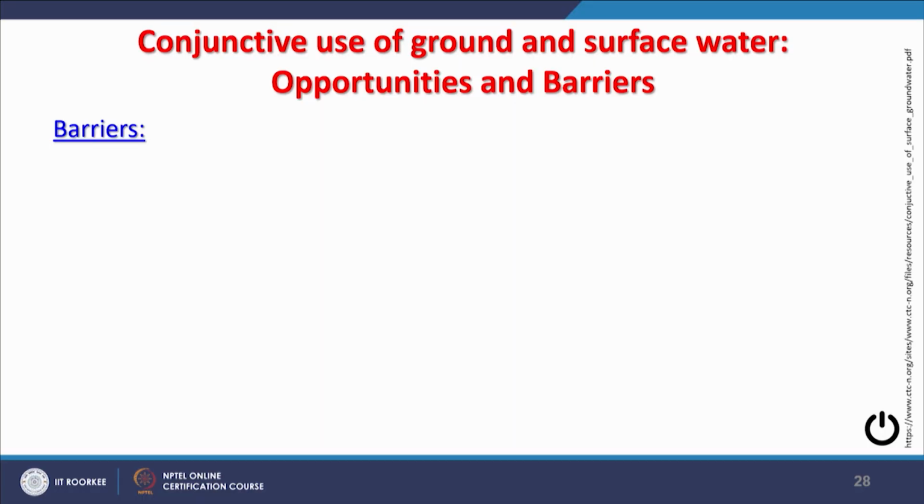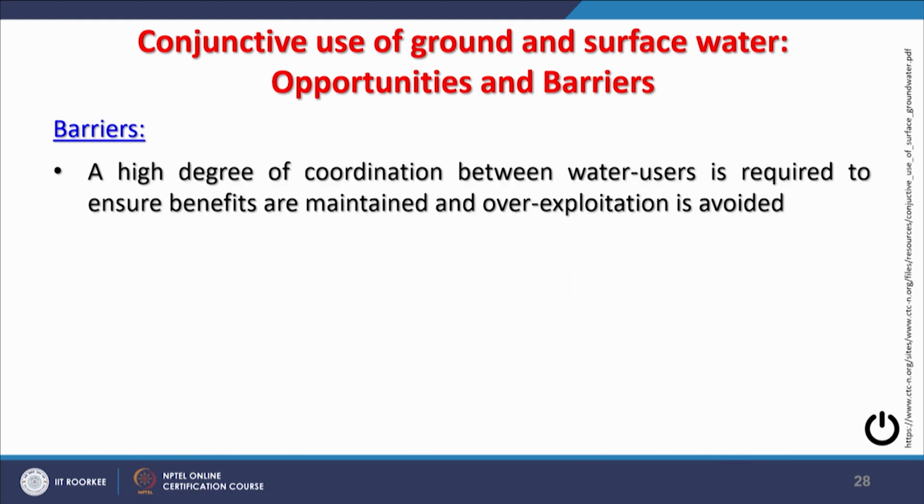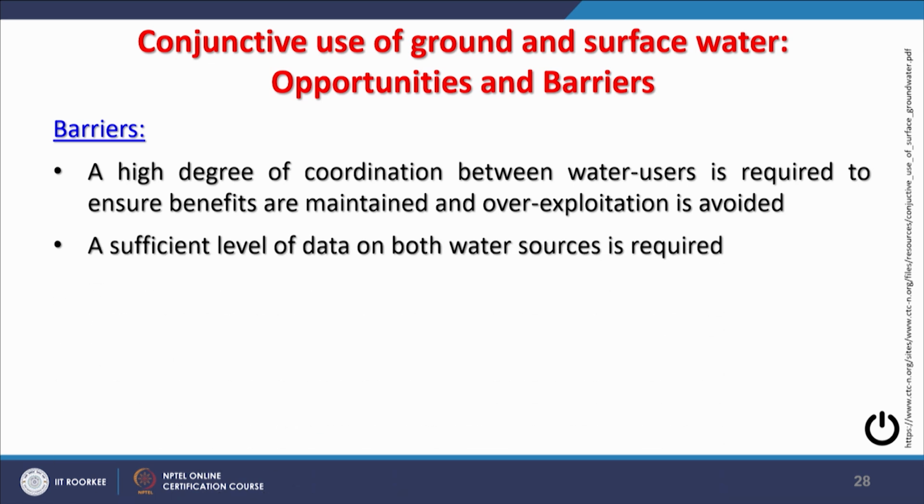So, now we are coming almost to the last part of this discussion about conjunctive use of ground and surface water. What are the problems? What are the barriers? The barrier is the high degree of coordination required between the water users and whoever is maintaining, the authorities you can say, to ensure the benefits are maintained and over exploitation is avoided.